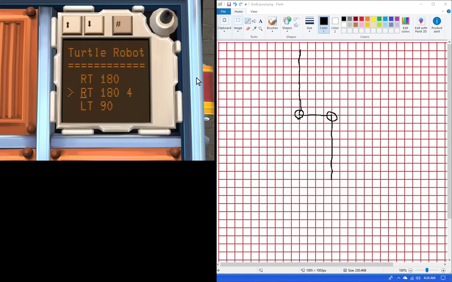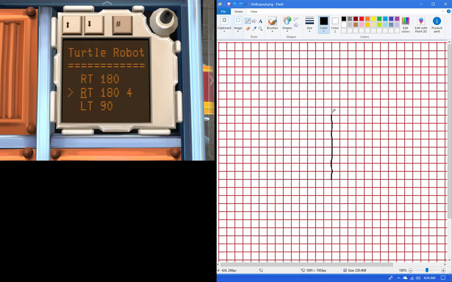To explain this, I'm going to go back all the way over here in this spot, facing in this direction. What RT 180 4 means is going in the right direction, in this right motion, we're going to create a circle with a radius of 4. So, circles.